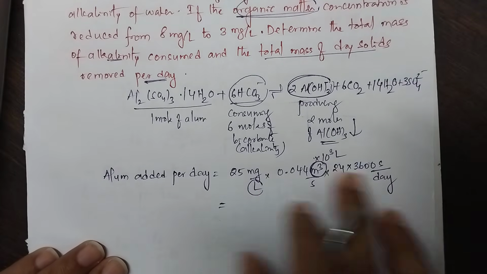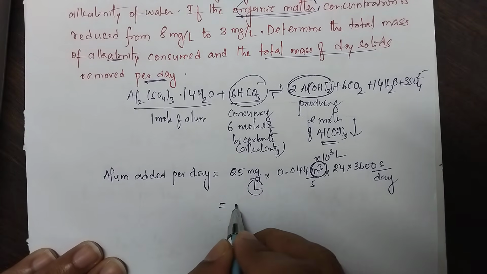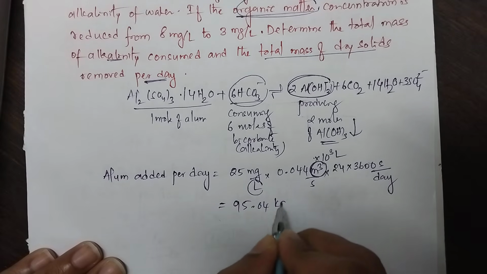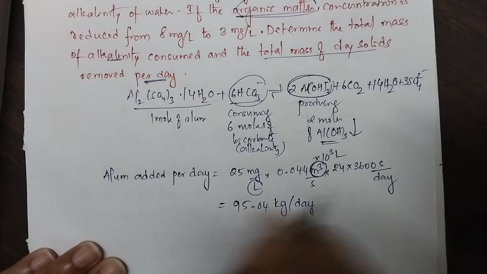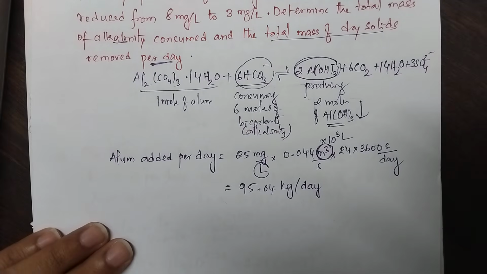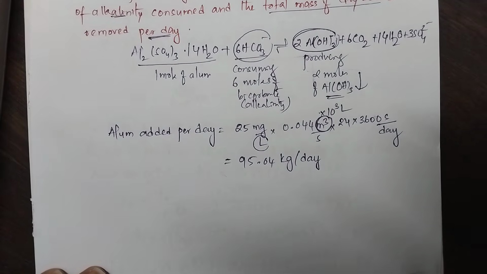If you multiply all this, you should get around 95.04 kg per day. So this much alum is being added in a day.